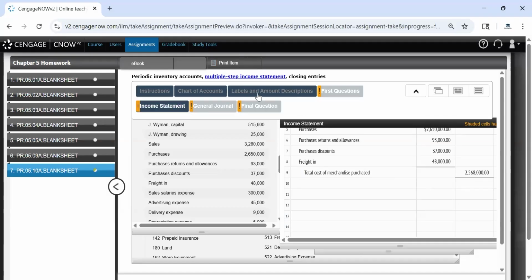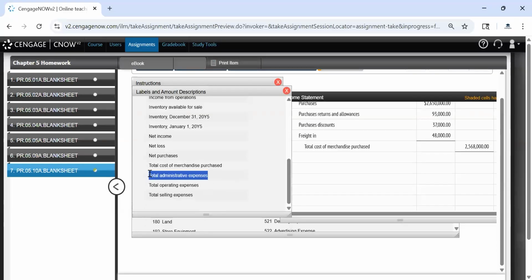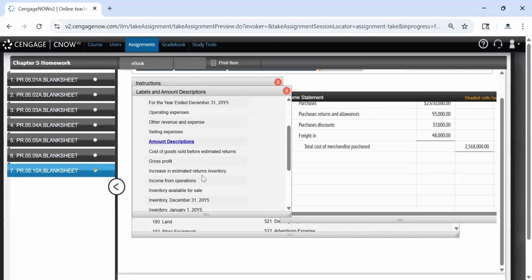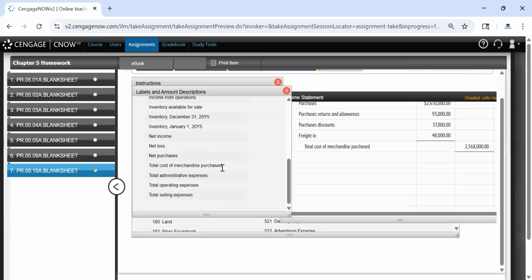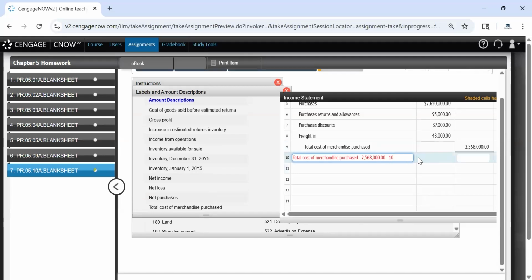The next item we have to calculate is the total inventory available for sale during the year.